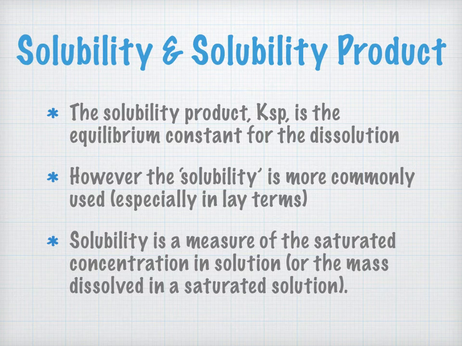But lay people also tend to use the mass. So how much mass can I dissolve in a litre or in a kilogram for a saturated solution? So solubility is essentially the concentration of my thing.